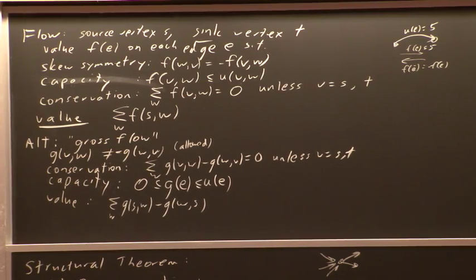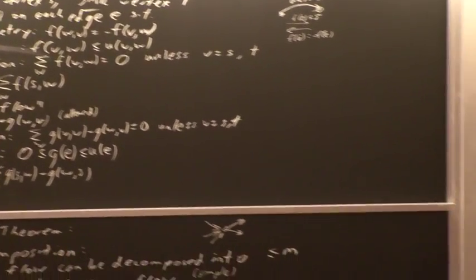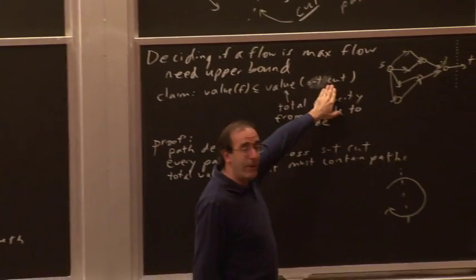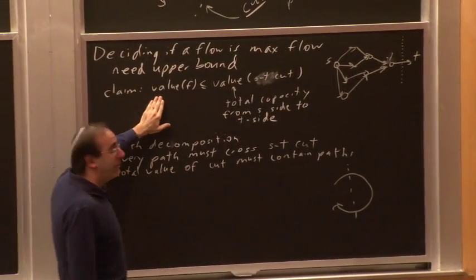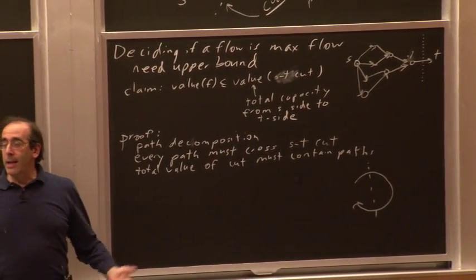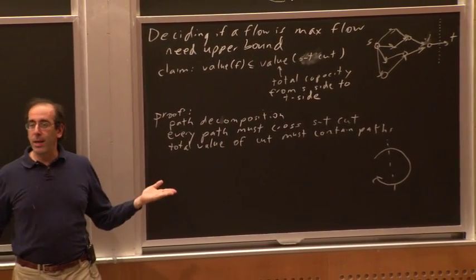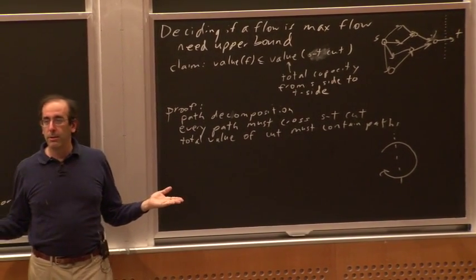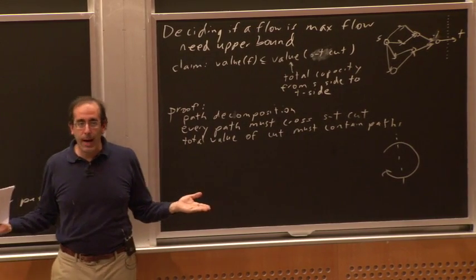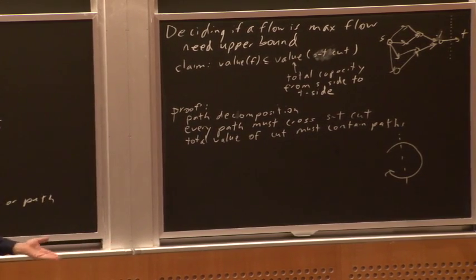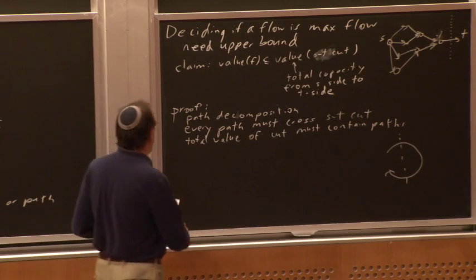Okay? So now we have an upper bound that says that the value of any cut upper bounds the value of the flow. Well, I can take any cut that I want and make this argument. So what's the best cut for me to take if I want the strongest upper bound? Take the minimum value of an ST cut, right?